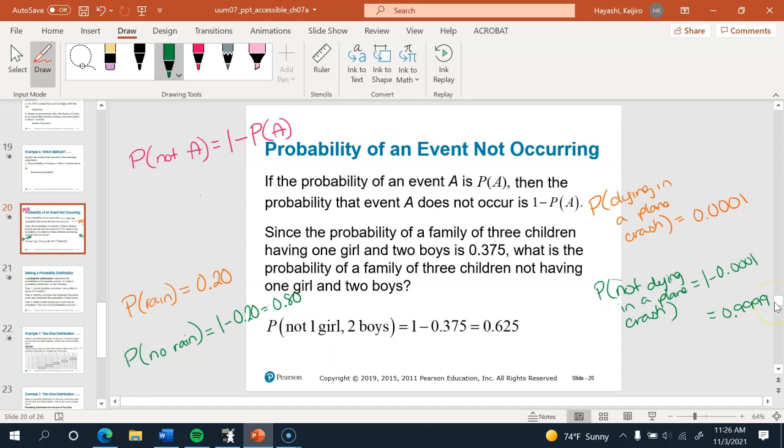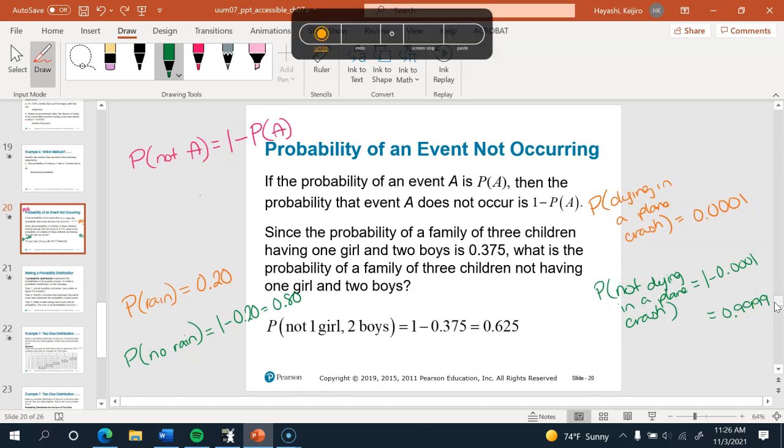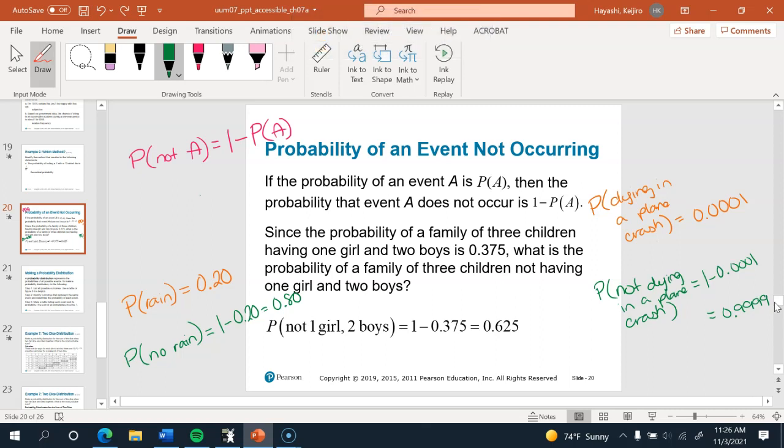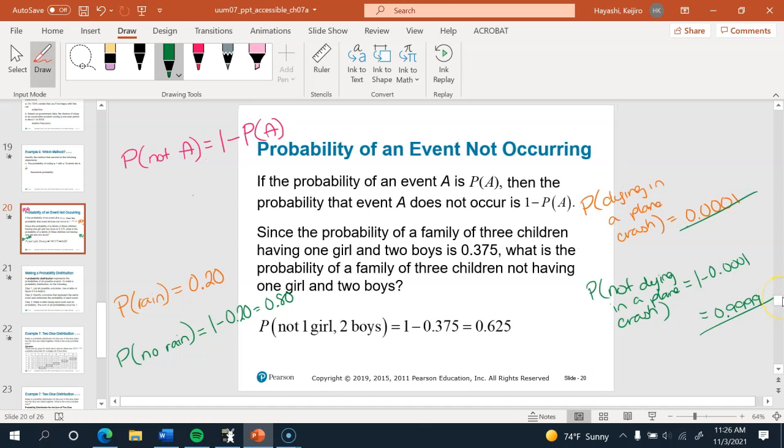So the probability of not dying in a plane crash is relatively high, right? The probability of not dying is high because the probability of dying is so low. And of course, this number and this number add up to 1.